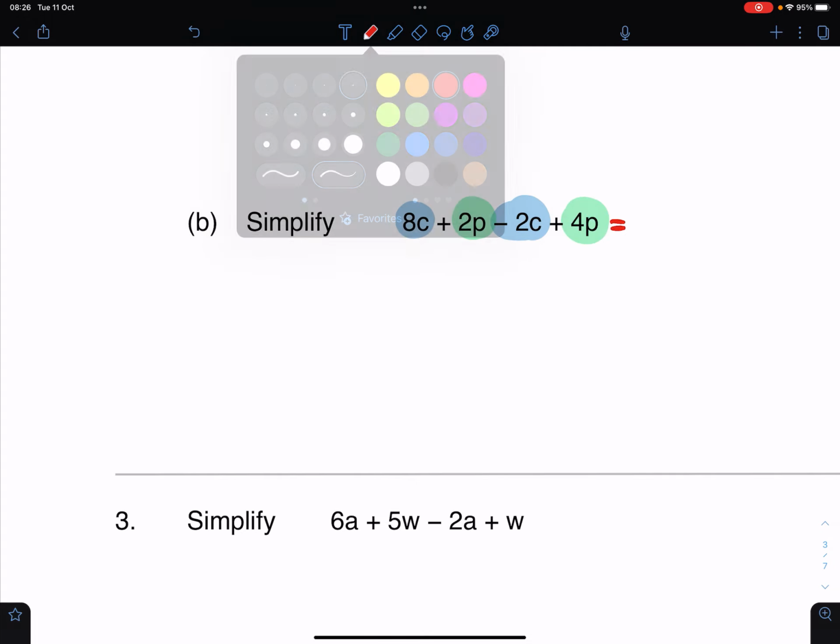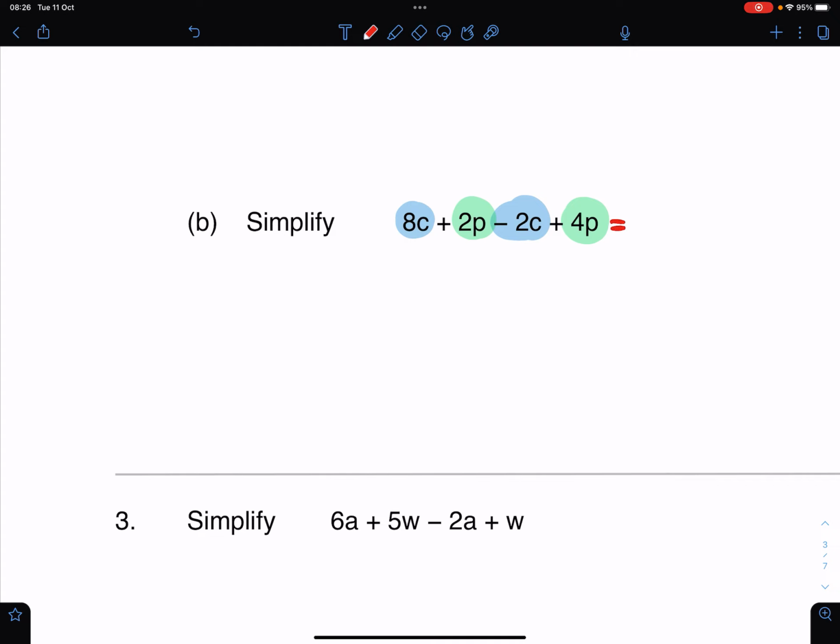The mistake you made, Sultan, is you're adding 8c to negative 2c. The other number is negative 2c. I'm not saying 2 c's, it's negative 2 c's. When you add 8 to negative 2, what do you end up with? 6 c's, right? Because it's 8 minus 2. Happy with this? So you're going to write down 6 c's.